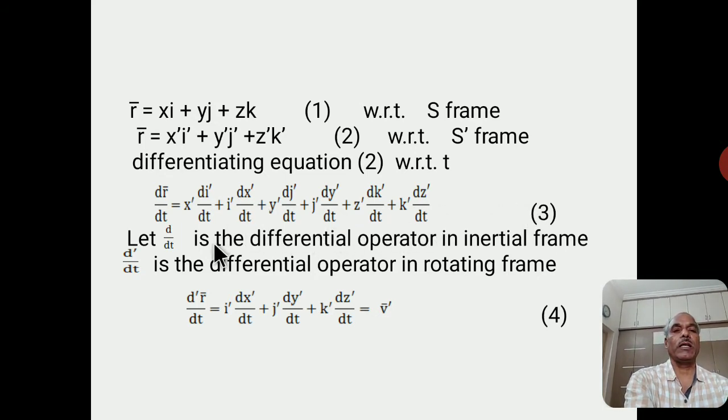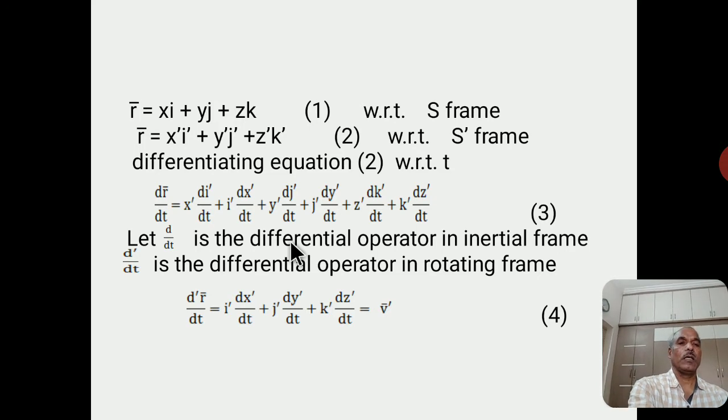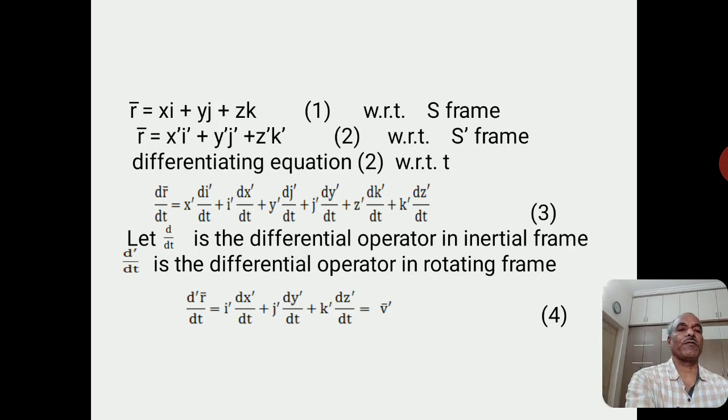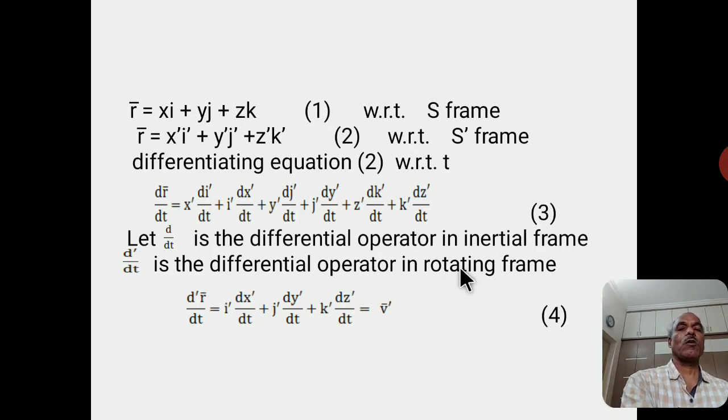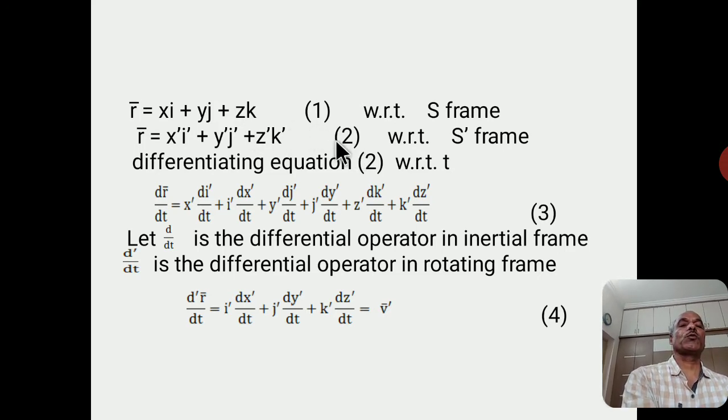Let us define d/dt as the differential operator in an inertial frame S, and d'/dt as the differential operator in the rotating frame S'. Now operate this operator d'/dt on equation 2. Equation 2 gives the position vector of the particle with respect to S' frame of reference.